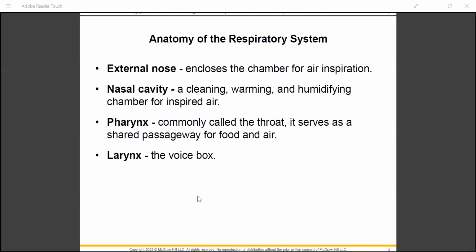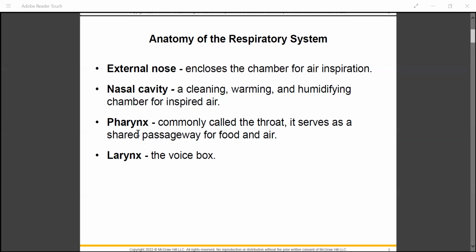The purpose of our nasal cavity is, one, it helps clean the air. We have hair cells located in mucous membranes that can help catch debris before it gets into the body.